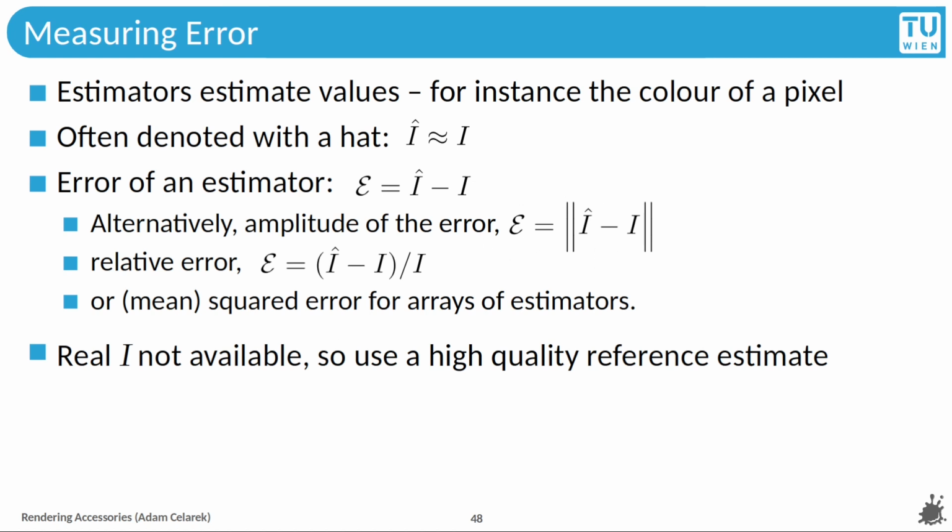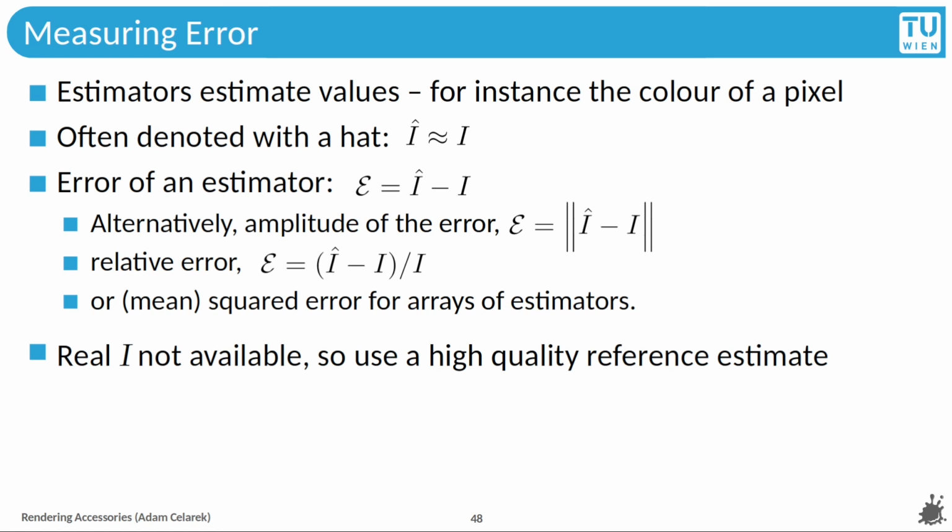When we want to compute the error for the whole image, we can take the mean of all errors. But in that case, we have to compute the amplitude error, or better, square of the error, otherwise the positive and negative errors would cancel out. The real value I is usually not available, therefore high quality reference images, also called ground truth, are used.